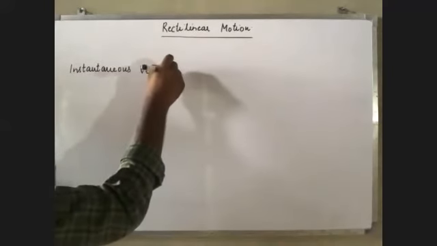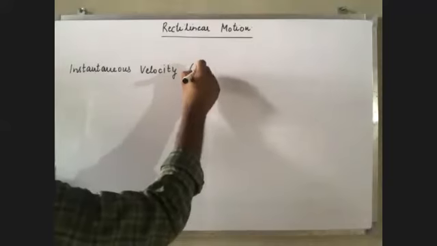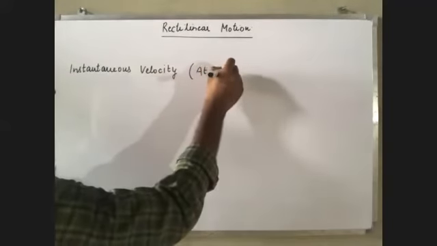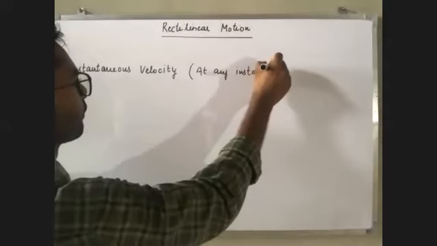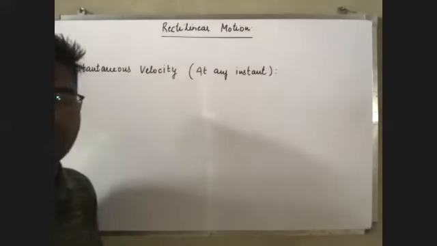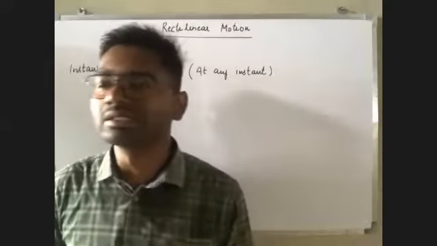Instantaneous velocity is the velocity at any instant. So write down the definition of instantaneous velocity.